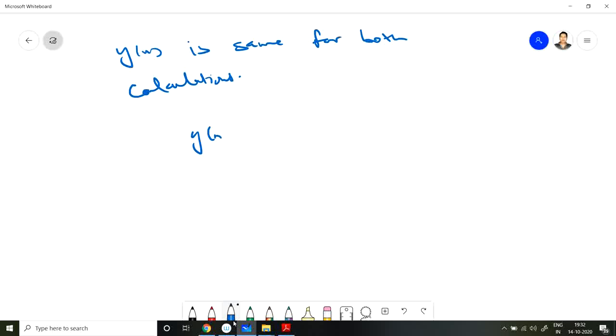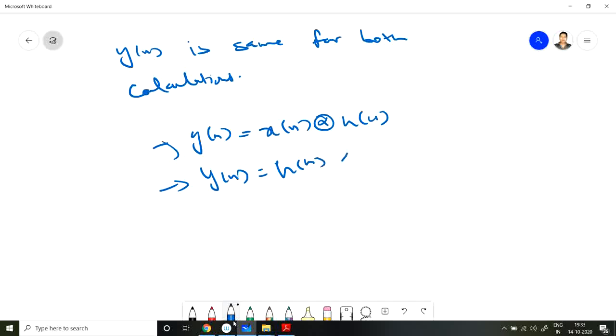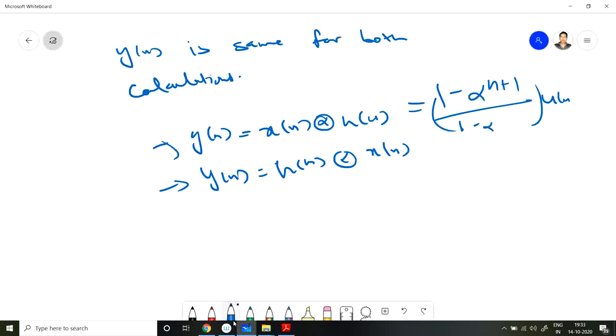In the first case we calculated y[n] using x[n] convolution with h[n], and in the second case we calculated y[n] equal to h[n] convolution with x[n]. For both cases, y[n] is equal to 1 minus alpha raised to the power n plus 1 divided by 1 minus alpha, multiplied by u[n].